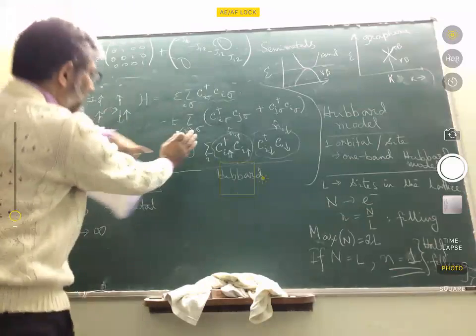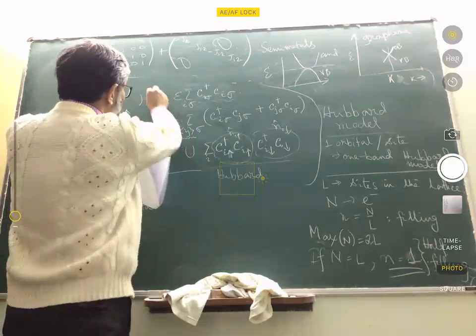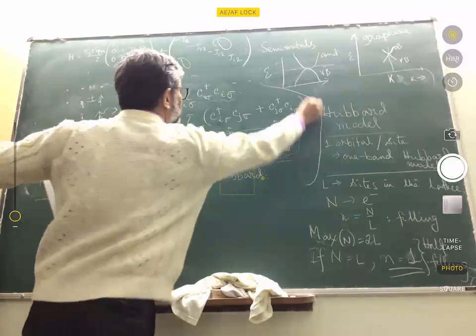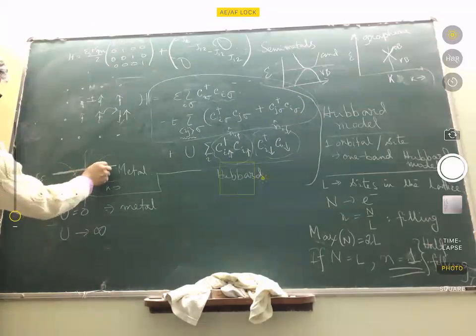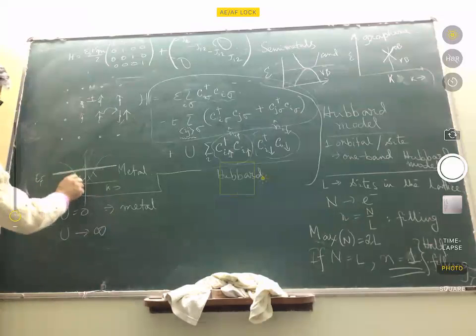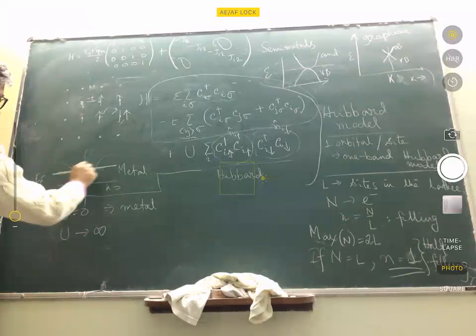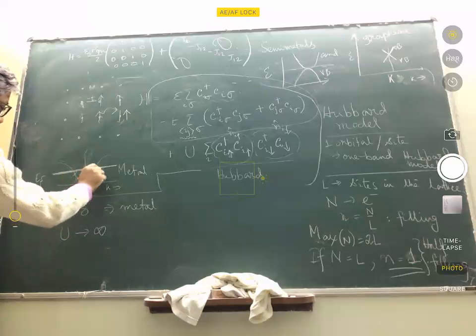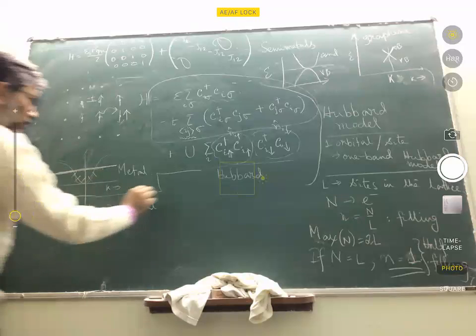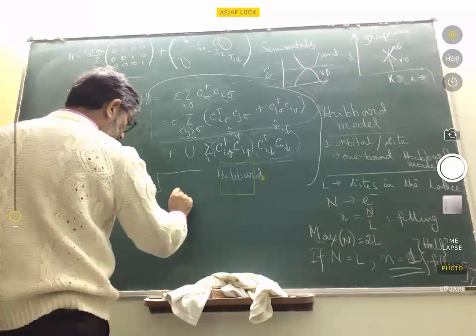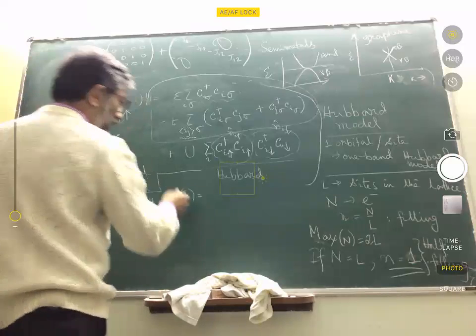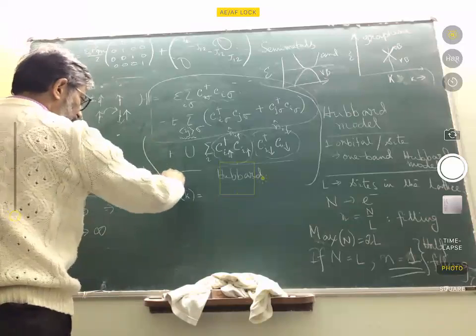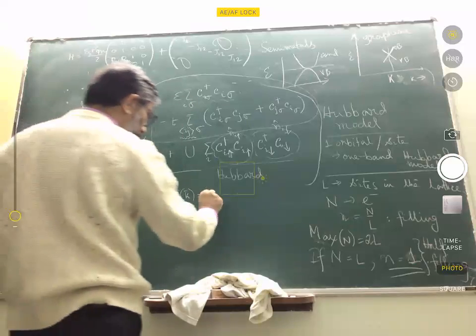So first, let us forget about the U term. When we had this as our tight binding Hamiltonian, we have this sort of a situation. Again, these states are occupied, these states are unoccupied. We know the energies of these states, so this is the dispersion relation for this tight binding model.